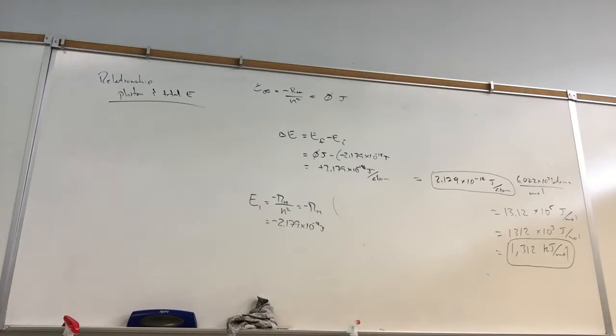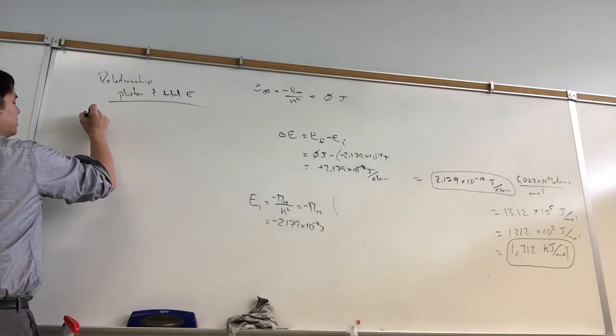Jump ahead to chapter 10. We can use photons to break bonds. So for example, to break a hydrogen-hydrogen bond would require 435.93 kilojoules per mole. So let's try to break a hydrogen-hydrogen bond. We're using a photon.